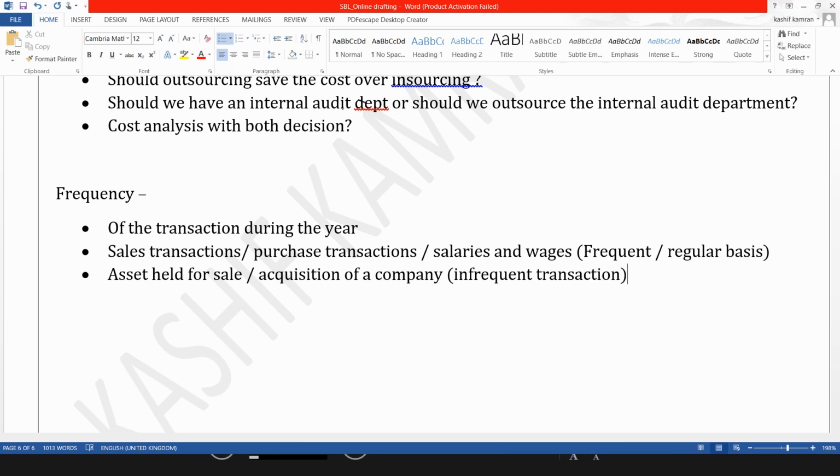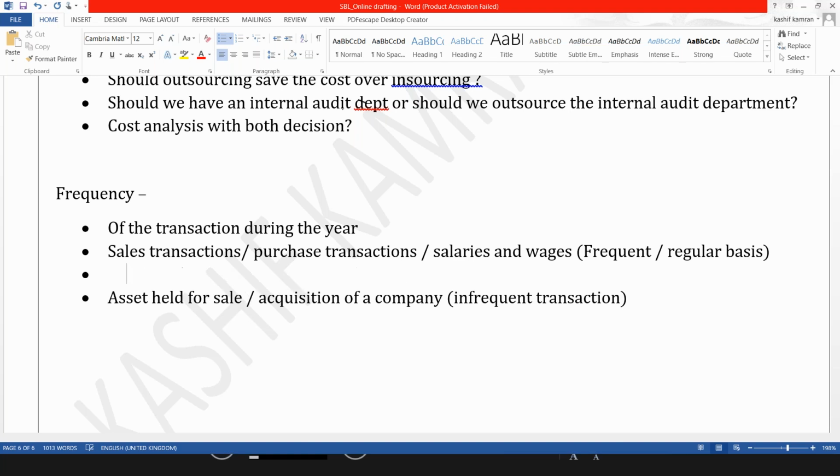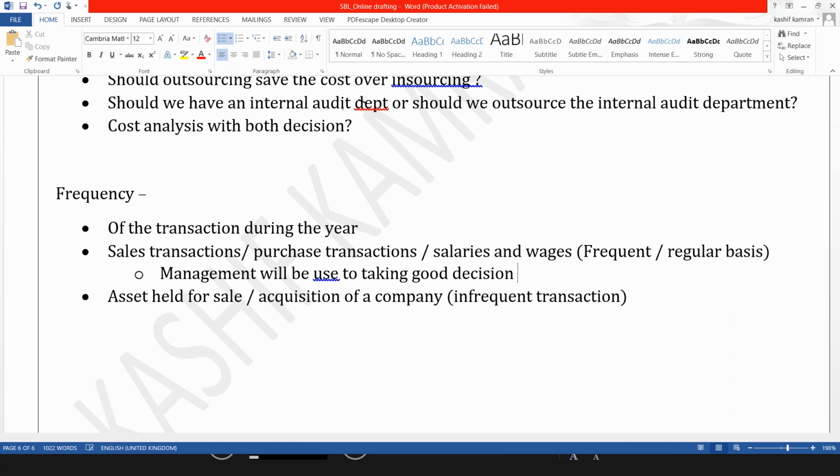So with the more frequent transactions, management will be used to taking good decisions, because when something is routine and happens on a daily basis, management is more confident in taking decisions, right?